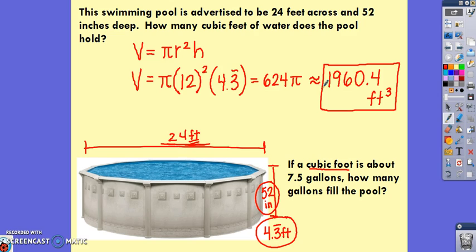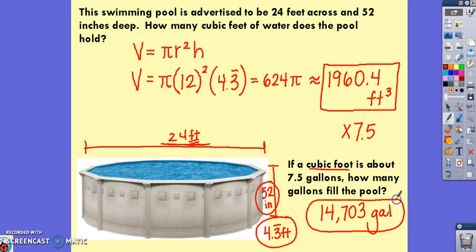Well, it's going to be a lot because each one of those has 7.5 gallons. So I'm actually going to take that number times 7.5. It's insane. 1960.4 times 7.5. It's a whole heck of a lot of gallons. Oops, and now we're in gallons.